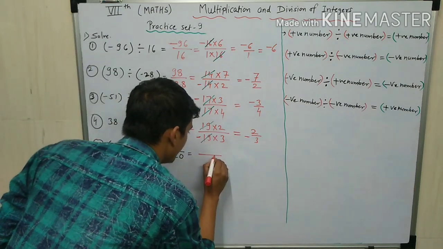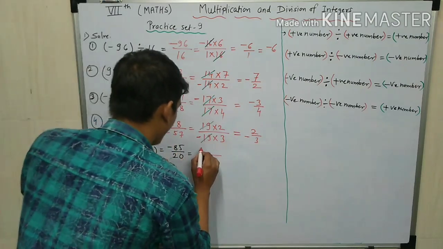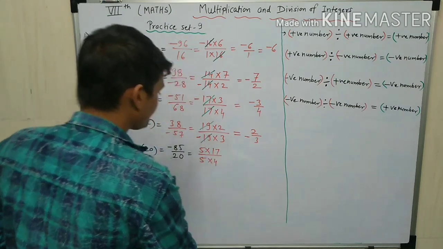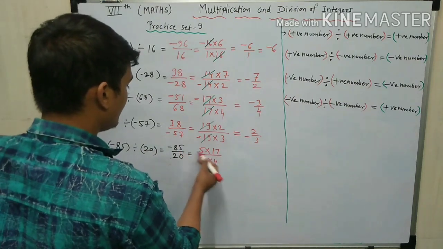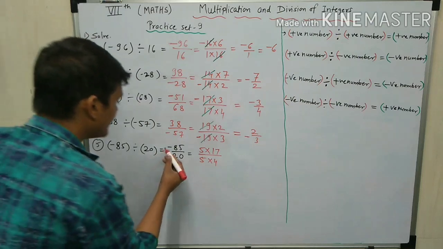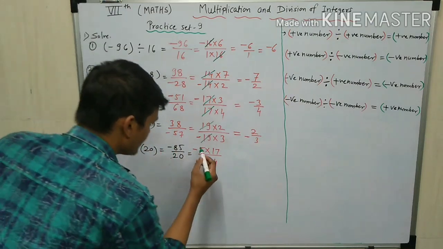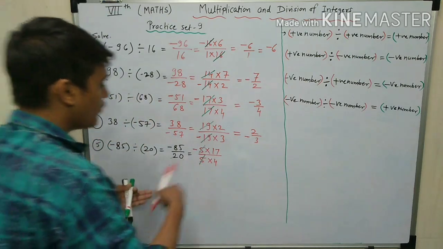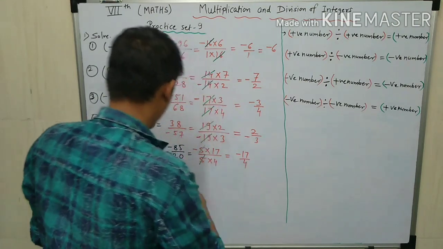We can write first here 5 fours are 20 and 17 fives are 85. 5 ones are 5, 5 sevens are 35, carry 3, 5 ones are 5, plus 3 is 8. Right. Now what is the sign? Negative. You can write a negative sign. The denominator and numerator having 5 will cancel. Is equal to what? Minus 17 upon 4.